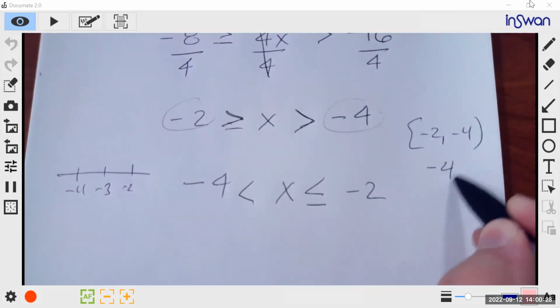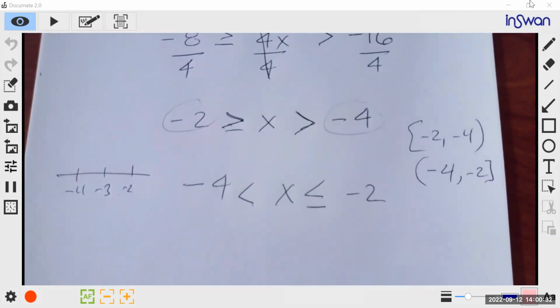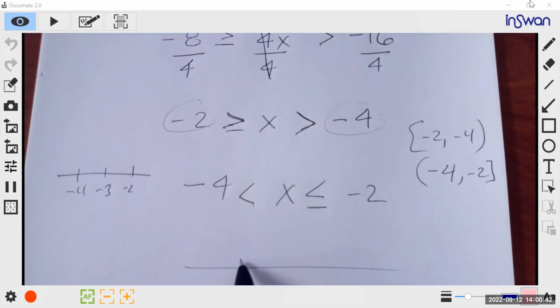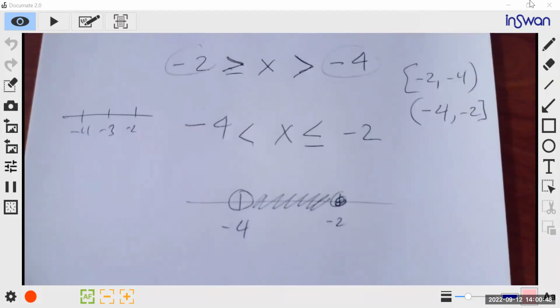It should be negative 4, negative 2, like that. Increasing order, left to right. Because your answer here would be open parenthesis there, close parenthesis there, and those are my answers.